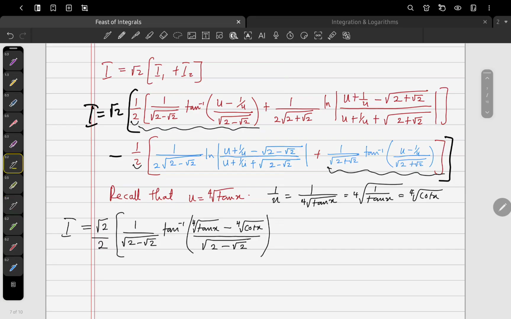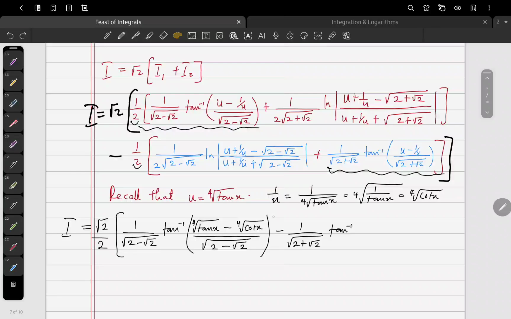So this is going to be minus, then the tan here is also 1 over square root of 2 plus square root of 2, tan inverse of the same thing. Let me just copy instead of rewriting it.